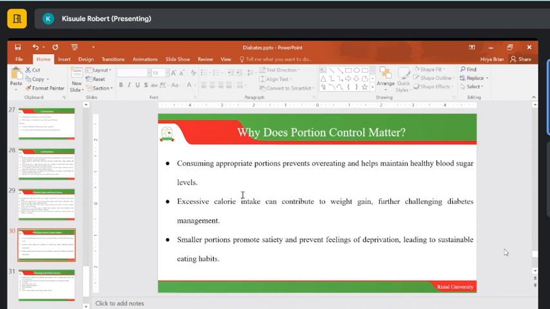And we are saying smaller portions promote satiety, prevent feelings of deprivation and lead to sustainable eating habits. When we talk of smaller portions, really that is with quantities. But when we talk of frequencies, still you could work with the proportions and frequencies.